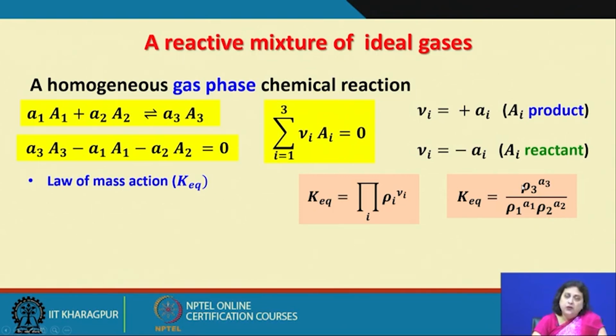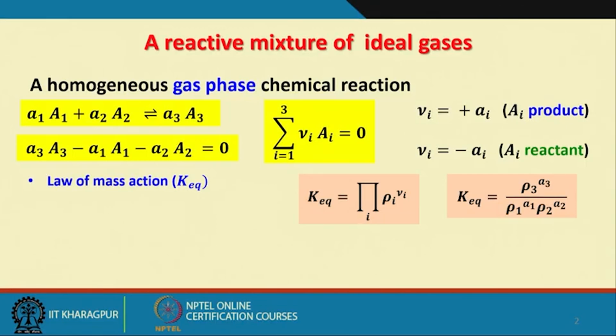So, basically the law of mass action says that when this reaction starts, there is initially A1 and A2, and if you allow the reaction to proceed, it would start producing A3, and eventually a situation would be reached when I would say that an equilibrium has been reached.